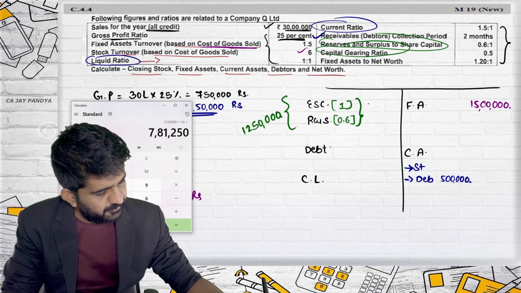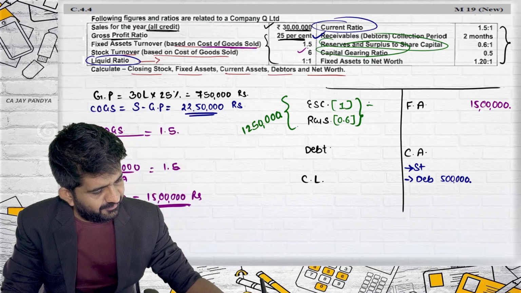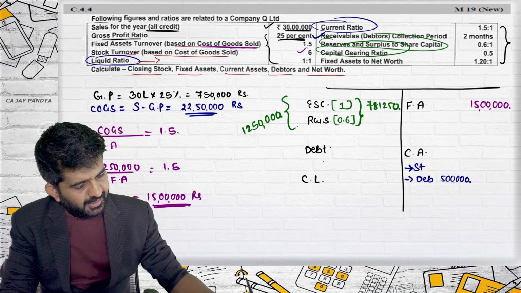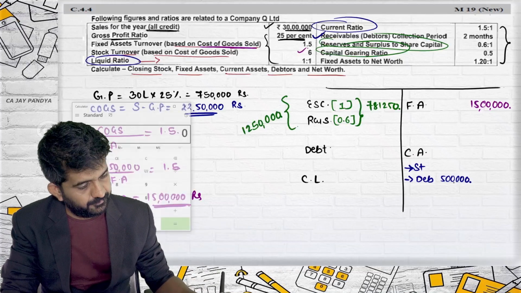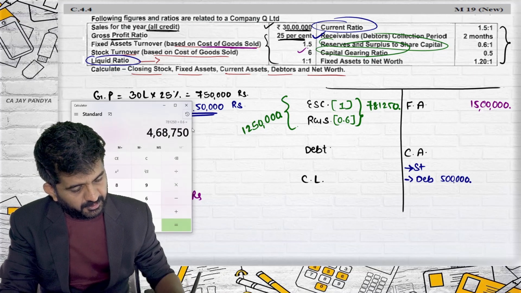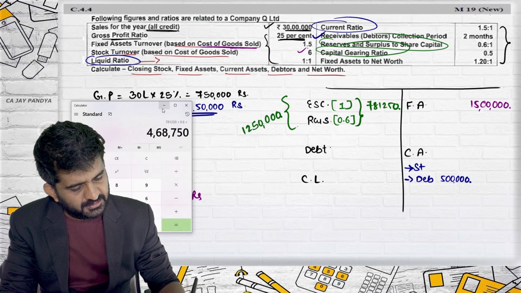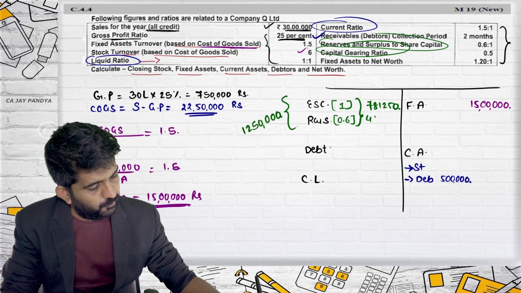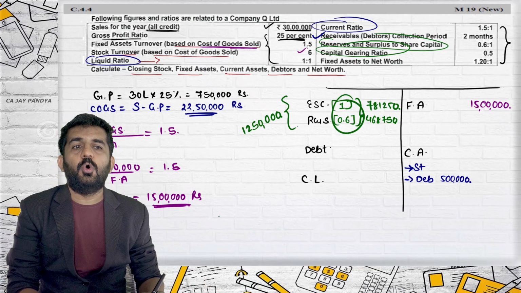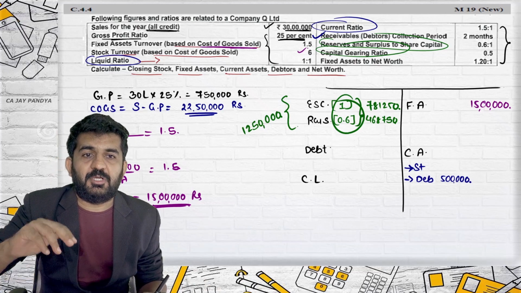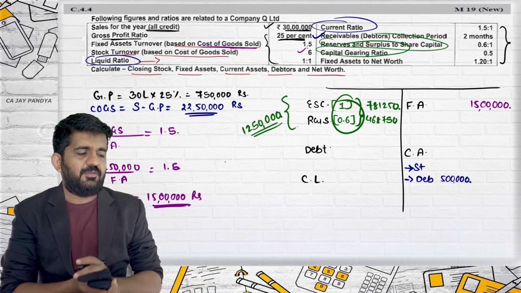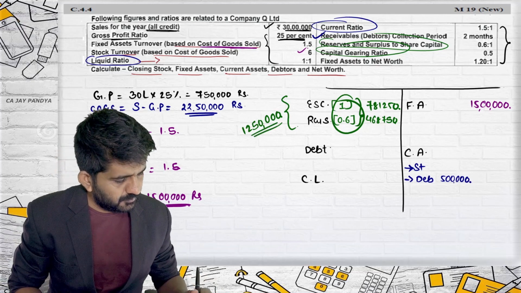This will be the equity share capital, and reserves and surplus will be 7 lakh 81,250 multiplied by 0.6, which is 4 lakh 68,750. Because we knew the ratio between equity share capital and reserves and surplus. Alright.